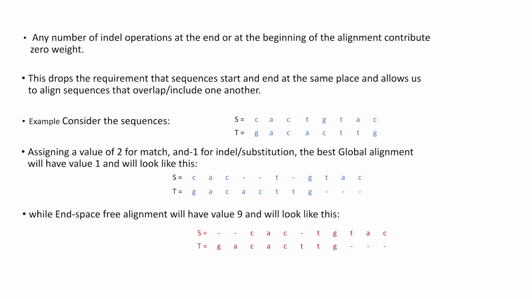This value is the best value. The aligned sequences are traced using pointers created while filling the table from cell 0,0 until the end of one sequence, which can be seen in the figure.